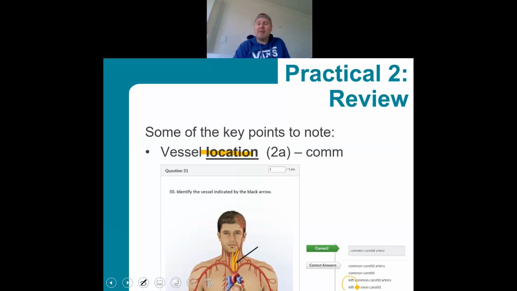On this diagram, of course, it's going to be left. And the common carotid artery then divides into external and internal carotid arteries after the neck. So just be sure that you remember what location, what part of that vessel we are looking at.